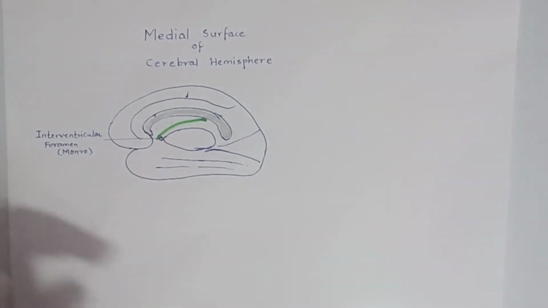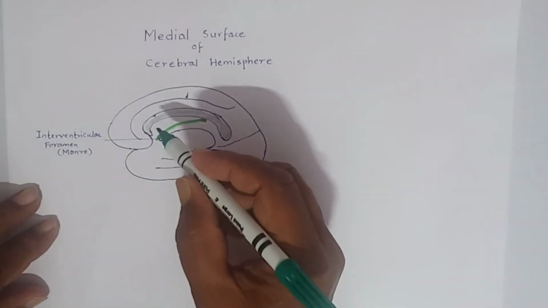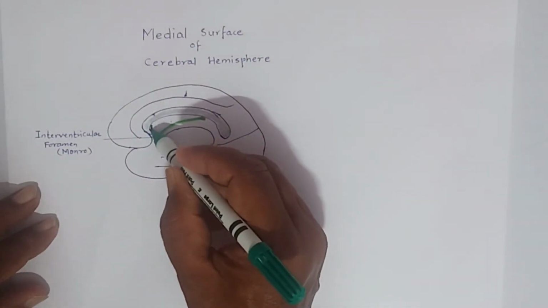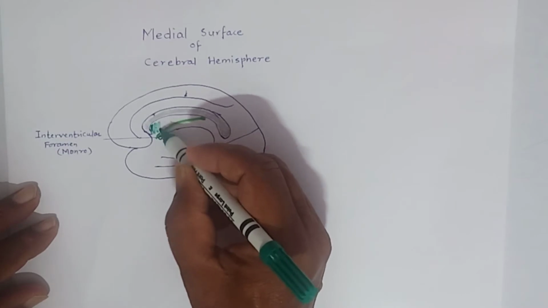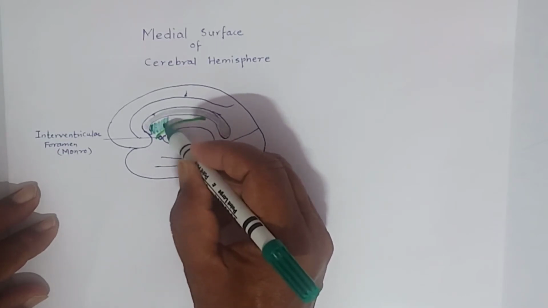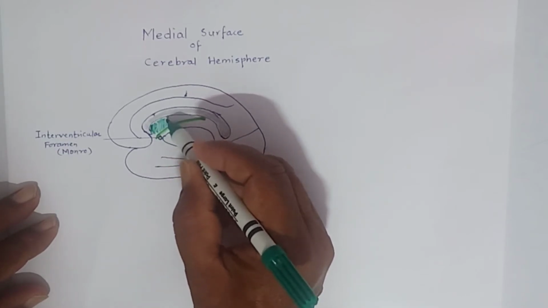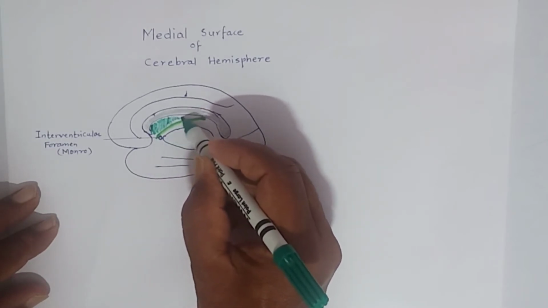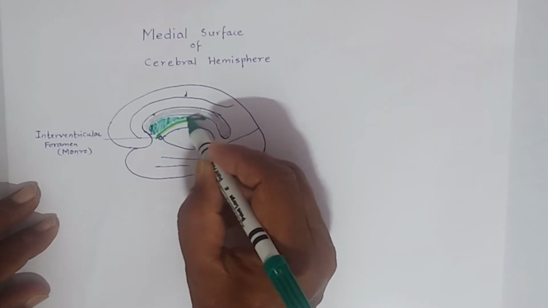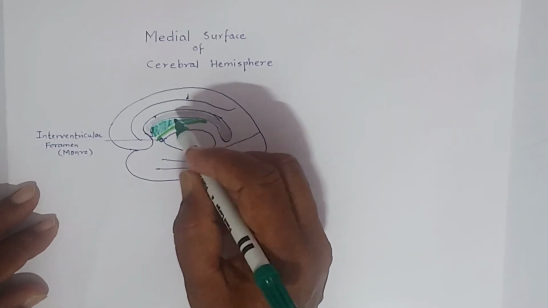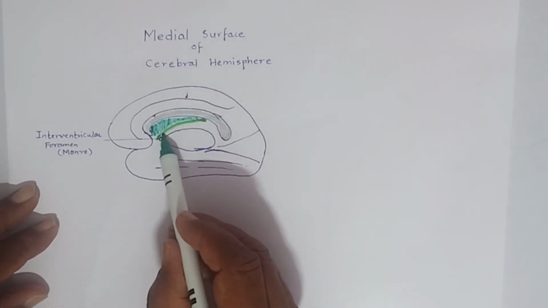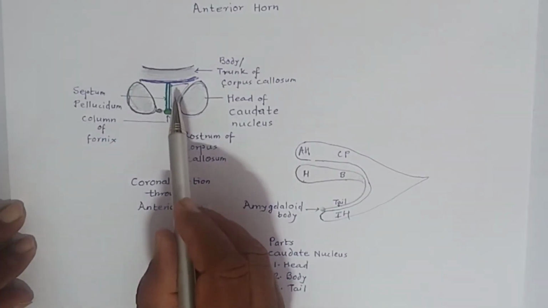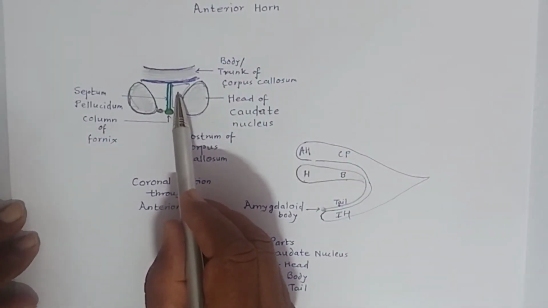The medial wall is formed by the septum pellucidum and the column of fornix. This is the cavity of anterior horn.